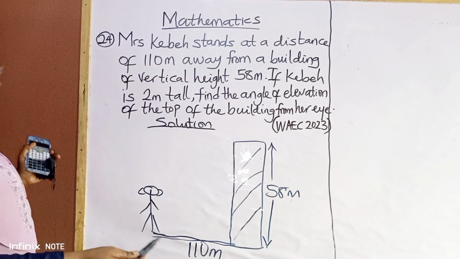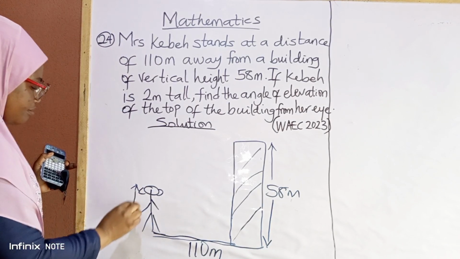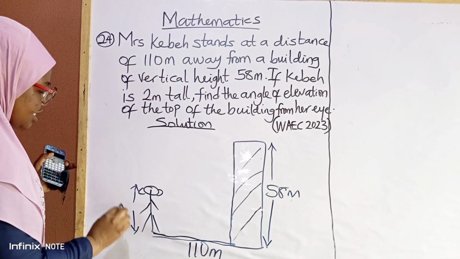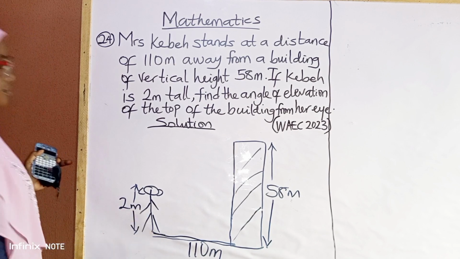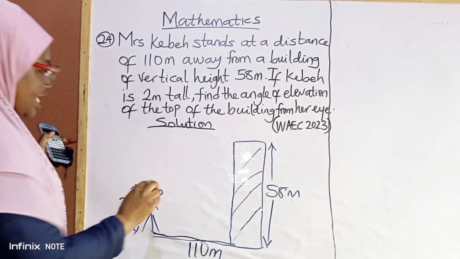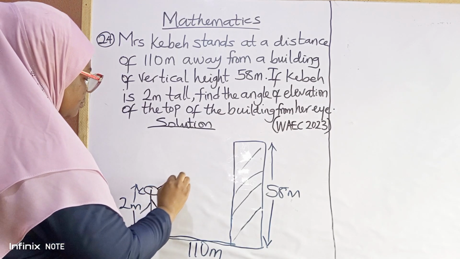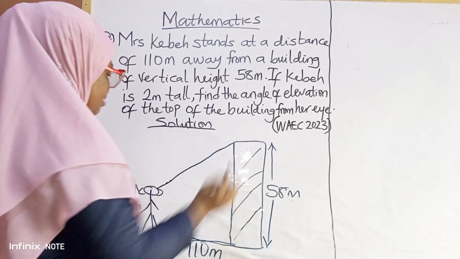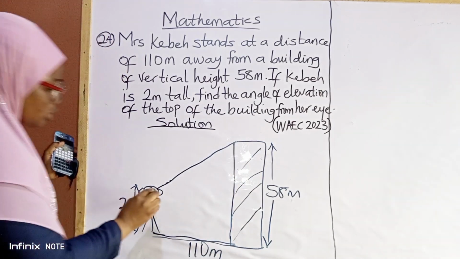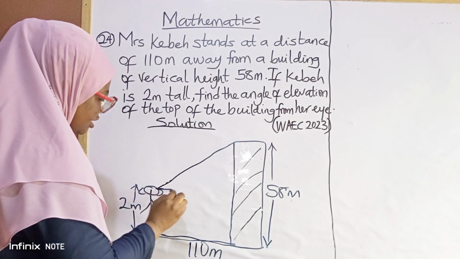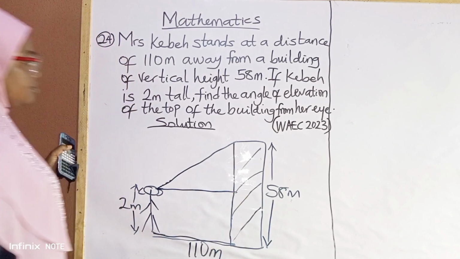If Kebe is 2 meters, so the height of Mrs. Kebe is 2 meters. So Mrs. Kebe is looking like this. So normally, this is it.